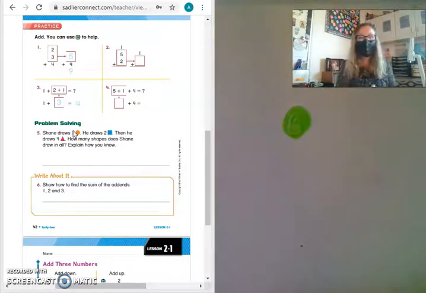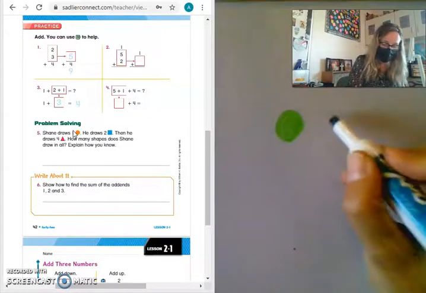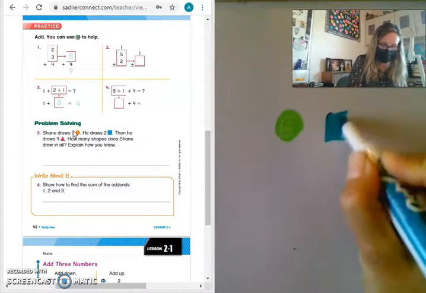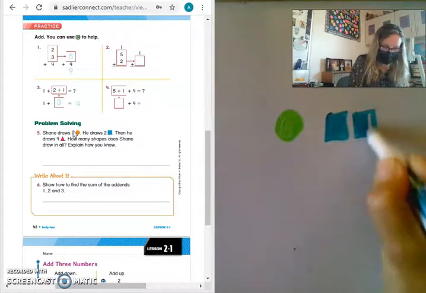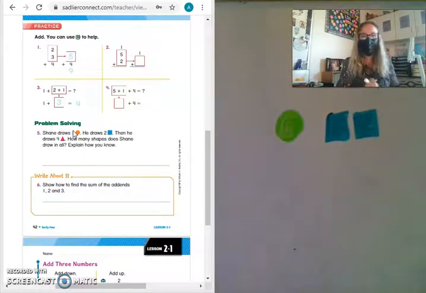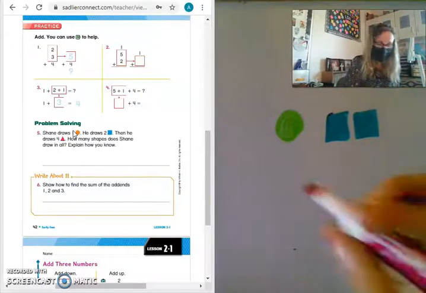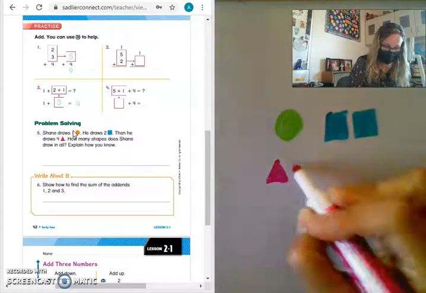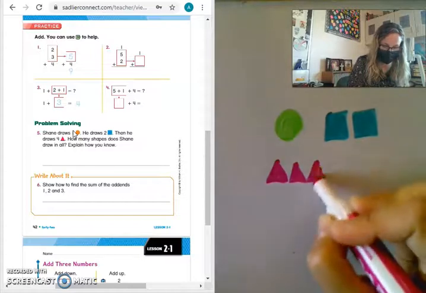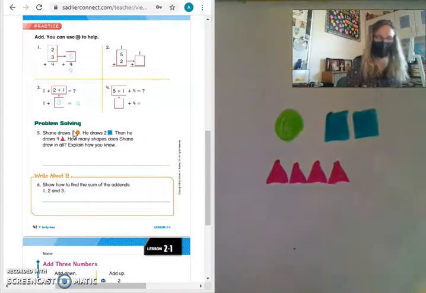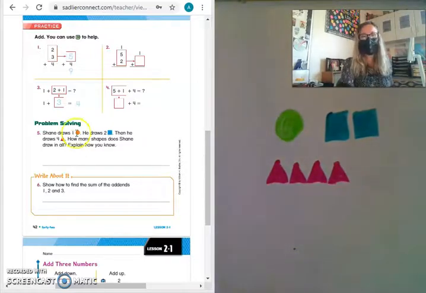It says he draws 2 squares. So circle 2 squares. And he draws 4 triangles. Circle 4 triangles. And the question asks, how many shapes does Shane draw in all?